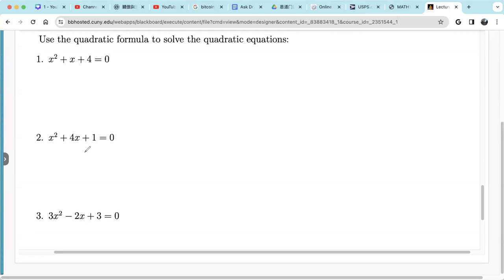One is using the quadratic formula, and another one is called completing the square. Because quadratic functions can also be written in vertex form, x minus h squared plus k. If we can write a quadratic function in this form, h comma k is the vertex.